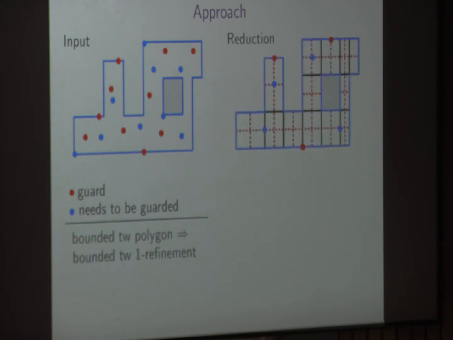The first step, we make them finite without affecting the optimal solution. And furthermore, we make sure we can actually make them in such a way that those G and X lie only on the corners of one refinement. So in the right hand side, you can see red points and blue points are all on the corner. Okay? And they are a finite set. So that's the first step.